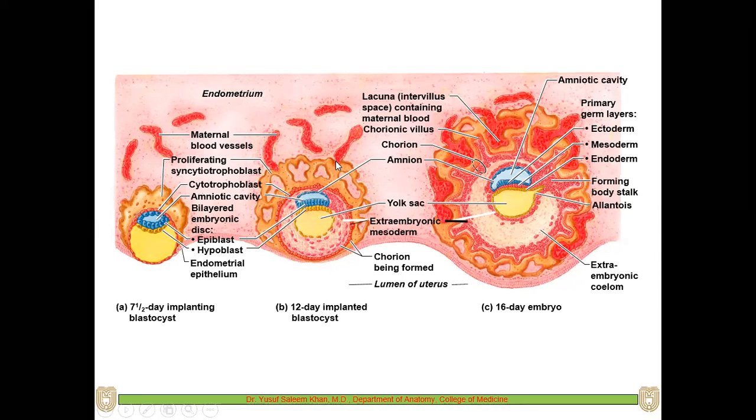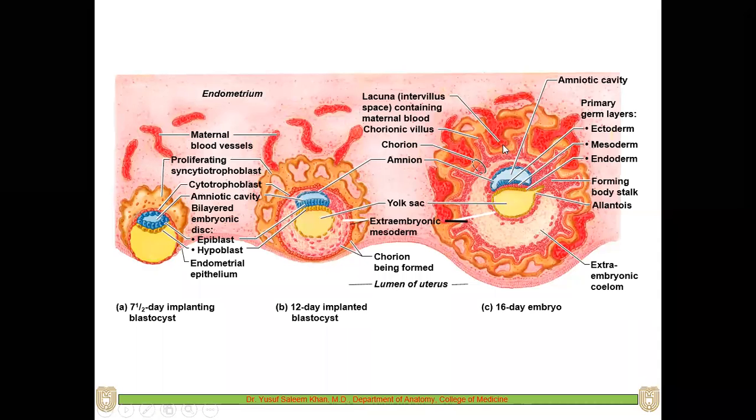As the syncytiotrophoblast erodes these blood vessels, the vessels start opening. If you see here, the blood vessels start pouring their blood into these spaces called lacunae. This is the maternal blood flowing into the lacunae. Even with this flowing of blood, the fetus is still far away, so the transmission of food and nutrition from here to the fetus is still far.